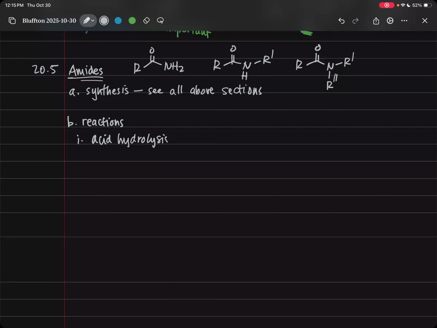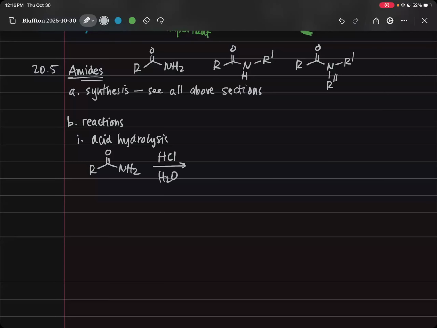So we can do acid hydrolysis. We're also going to do base hydrolysis, but we can do acid hydrolysis of amides. When we talked about esters, the acid hydrolysis of esters is just the reverse of the Fischer esterification reaction.